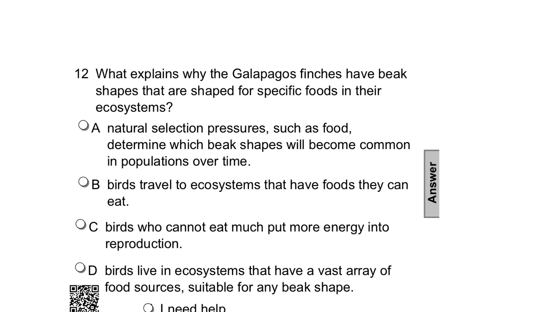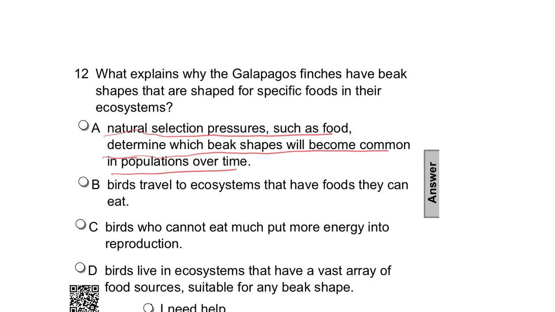So why do some finches have beak shapes that are shaped for a specific kind of food in their ecosystem? Let's see, natural selection pressures such as food availability determine which beak size will become common in populations over time.